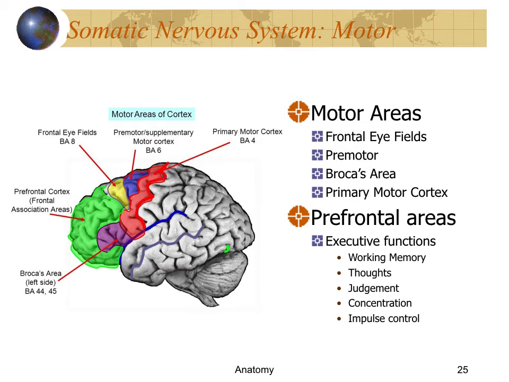That's the primary motor cortex. We have planning areas for movement, including the premotor area and prefrontal areas. Prefrontal areas are also where we have executive functions like memory, judgment, things like that. So we'll talk about those more in chapter 16.